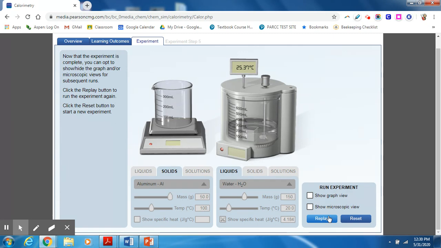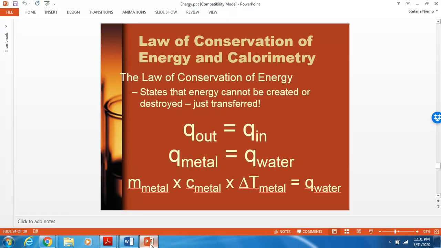Now, how does this really help us, though? Now we know how much we could change the temperature. Last class we learned an equation: Q equals mc delta T. In other words, the amount of energy transferred from the metal is equal to the mass of the metal times the specific heat of the metal times how much that energy transfer made the temperature of the metal change. We can imagine that the energy of the metal will equal the energy of the water, so mc delta T is equal to the Q of the water.